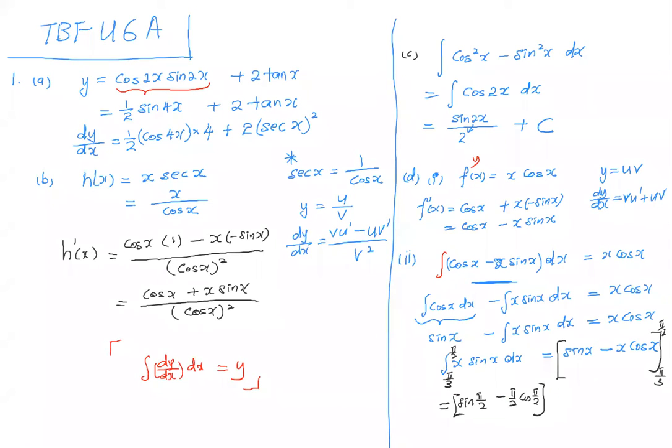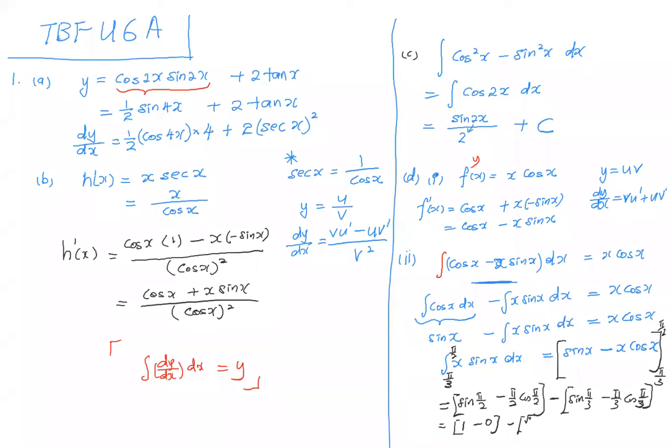Take away sin pi by 3, take away pi by 3 cos pi by 3. Do you get the table ready? Okay, so sin pi by 2 is 1. Cos pi by 2 is 0. Take away sin pi by 3. What is the exact value of sin pi by 3?